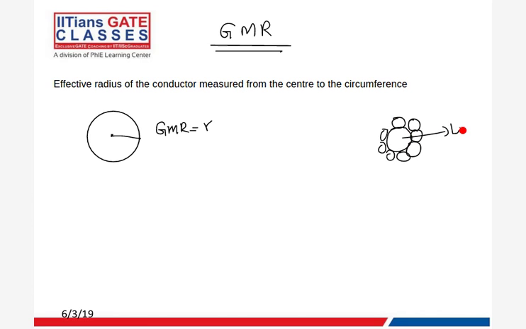So there will be the L internal and the L external, and effectively the GMR will be R dash, which is actually 0.7788 R, right? So for a single conductor, GMR is 0.7788 R.